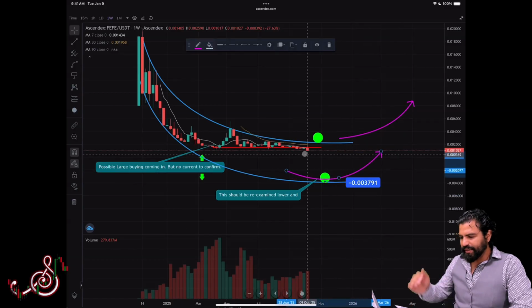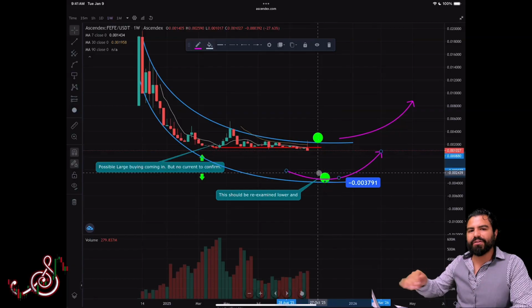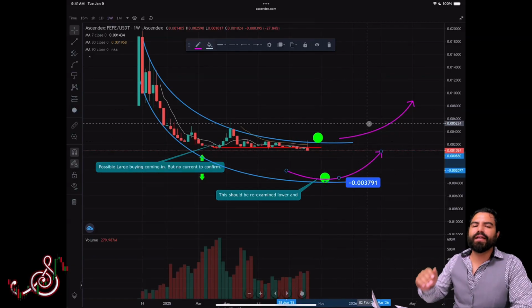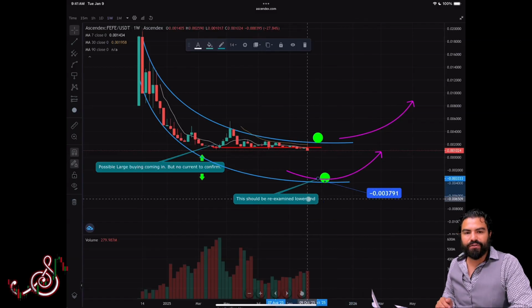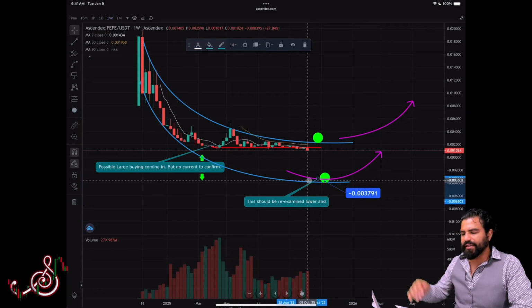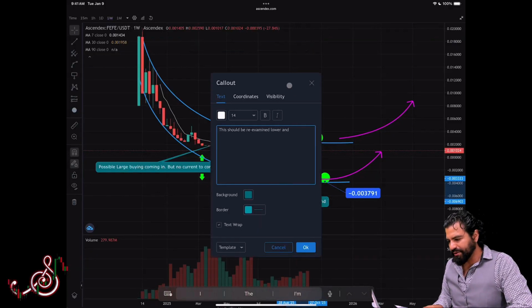So we want to see them test the low with very low volume. That means there are no players here, and then we look to play. If you get to a low, like 003, and the volume's really low, you probably have a nice entry because that means the down move is dissipating. There are no players left. I'll write that down here too.